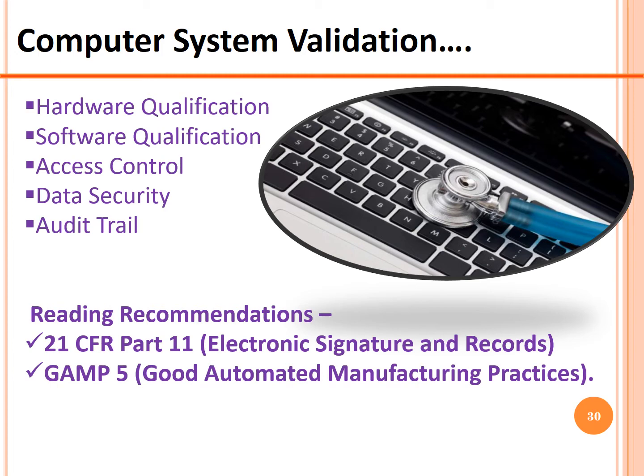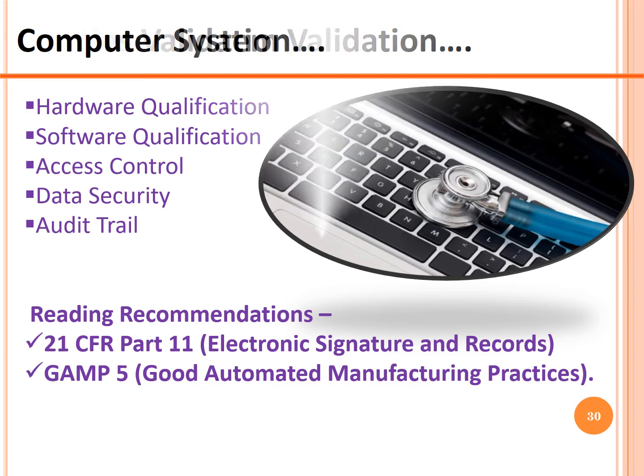Hardware qualification. Software qualification. Access control. Data security. Audit trail. Reading recommendations: 21 CFR Part 11, Electronic Signature and Records. GAMP 5, Good Automated Manufacturing Practices.